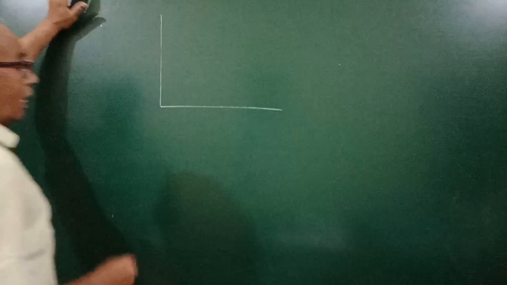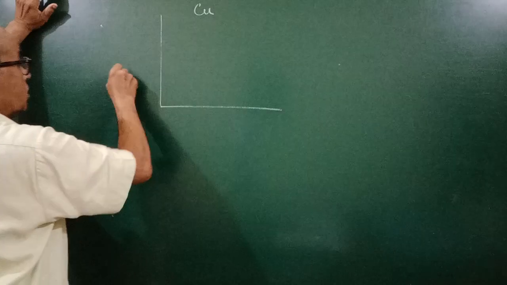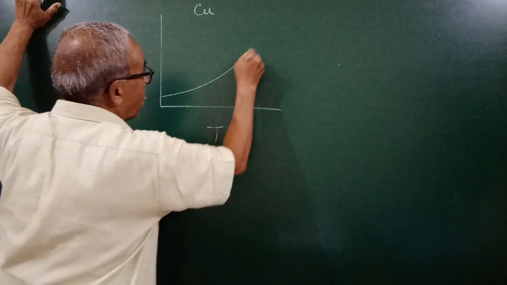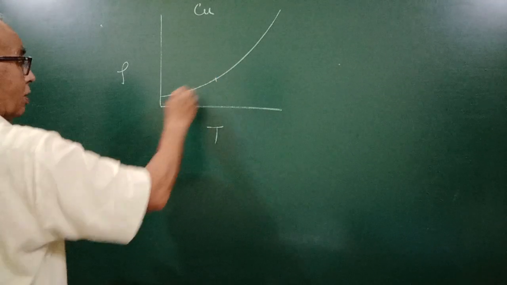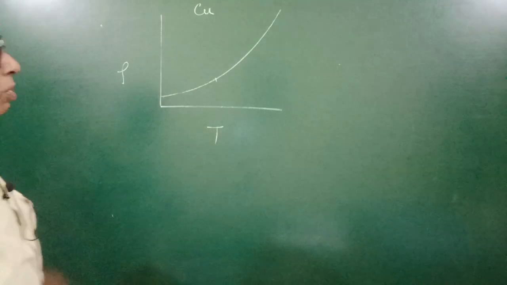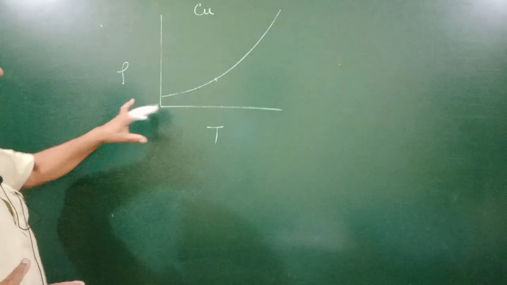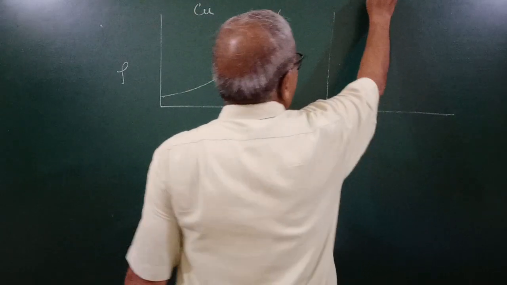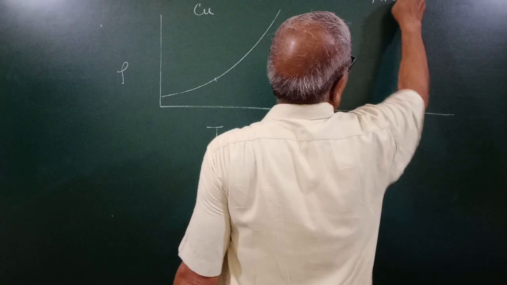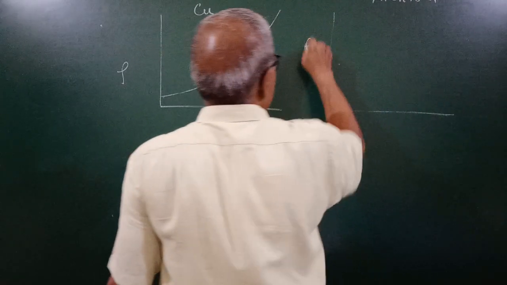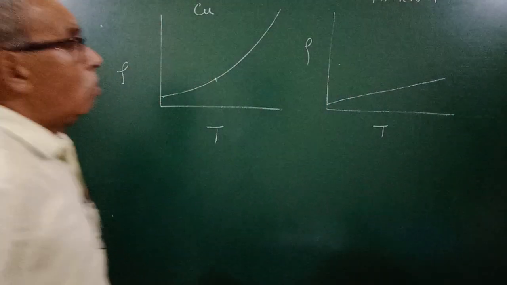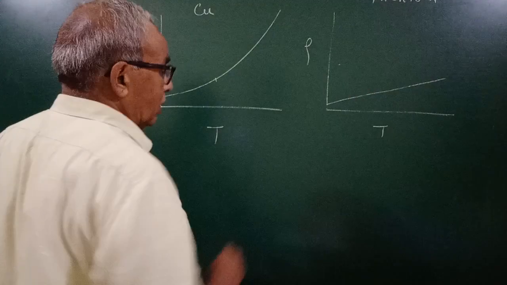Now if we compare the resistivity of metals like copper, the graph of rho versus T comes like this. At low temperature it is almost linear. In case of nichrome, which is an alloy, resistivity increases slowly with temperature, and that linear part remains there.